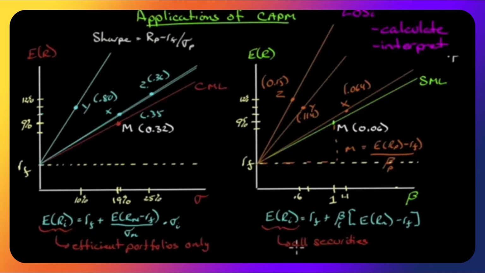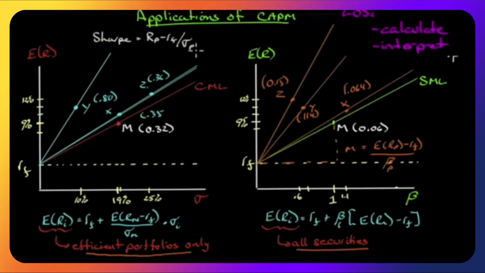The capital market line is only useful for finding the expected return on efficient portfolios. The security market line can find the expected return on all securities. However, when you interpret the Treynor ratio and the Sharpe ratio, it is reversed. The Treynor ratio is only suitable for measuring the performance of very well diversified portfolios.